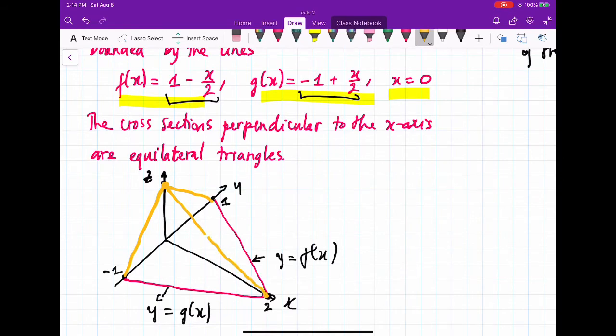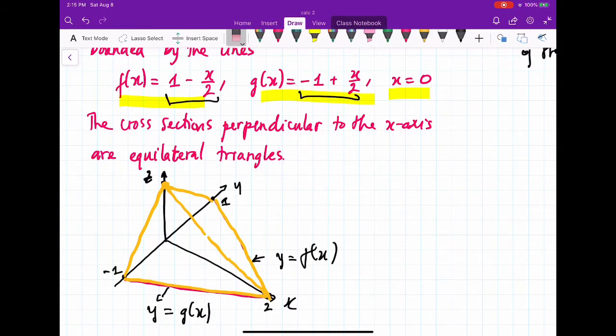So the base is a triangle here, and the cross sections perpendicular to the x-axis are equilateral triangles.